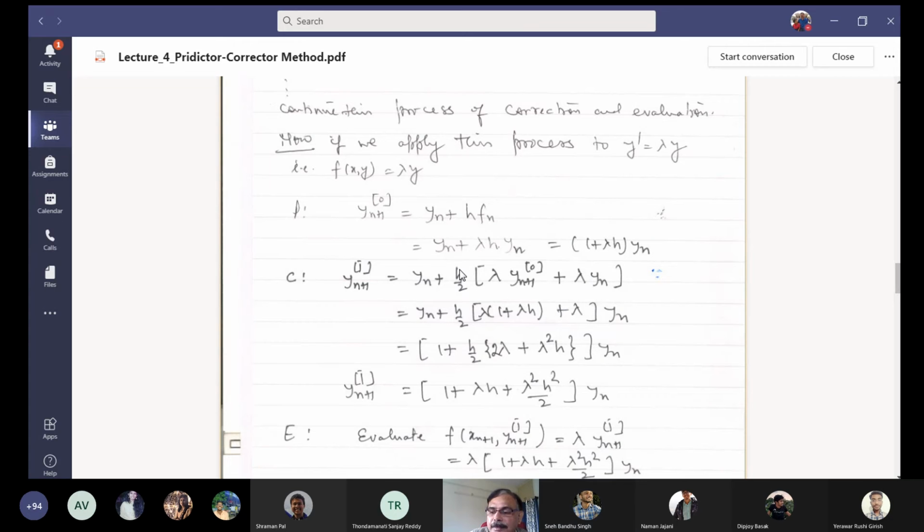Yes, sir. So the magnitude of lambda is strictly less than 1 upon the magnitude of h by 2, meaning the magnitude of lambda h is less than 2.